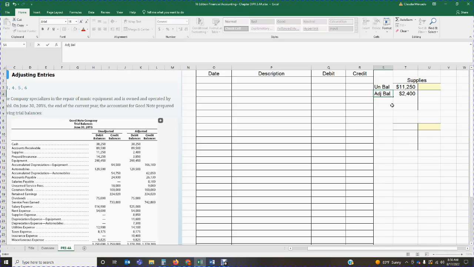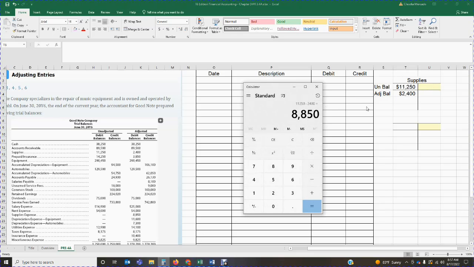Okay. So I started off with 11,250. I ended up with 2,400. Now the balance for supplies should always be on the debit side because, like I stated, it's an asset. The normal balance of an asset is a debit. So it's very important that we know our normal balances of the accounts. So now we needed to figure out how much supplies had been used. So that's where we got the 11,250 that we started off with.